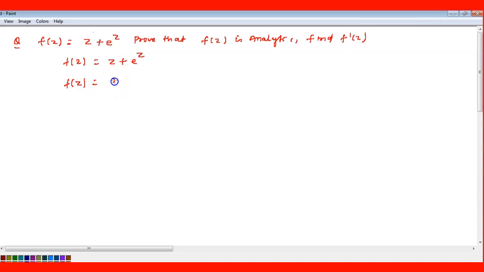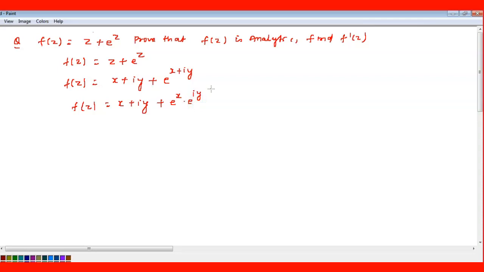z is equal to, I can write x plus iy, and this one I can write e to the power of x plus iy. Any doubt till here? You can also write this f of z is equal to x plus iy as it is only, plus e to the power x into e to the power of iy.